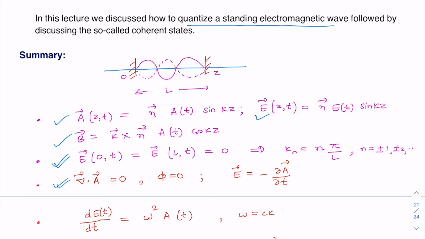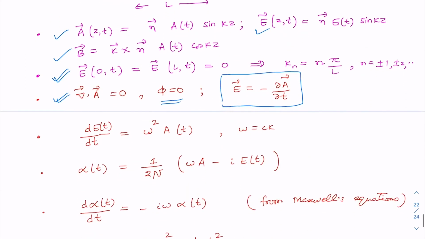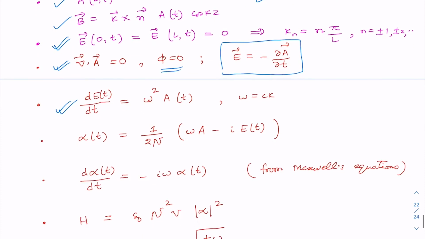We worked in the so-called Coulomb gauge, so divergence of A is equal to 0, the background electrostatic potential was taken to be 0, and the electric field can simply be expressed in terms of the vector potential. Then, using the Maxwell equations, we arrived at this equation, and defined a normalized variable alpha of t in terms of the vector potential and the electric field.